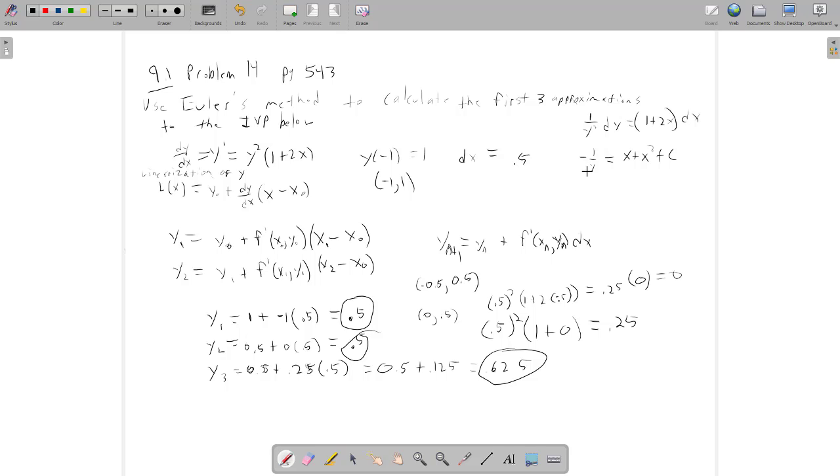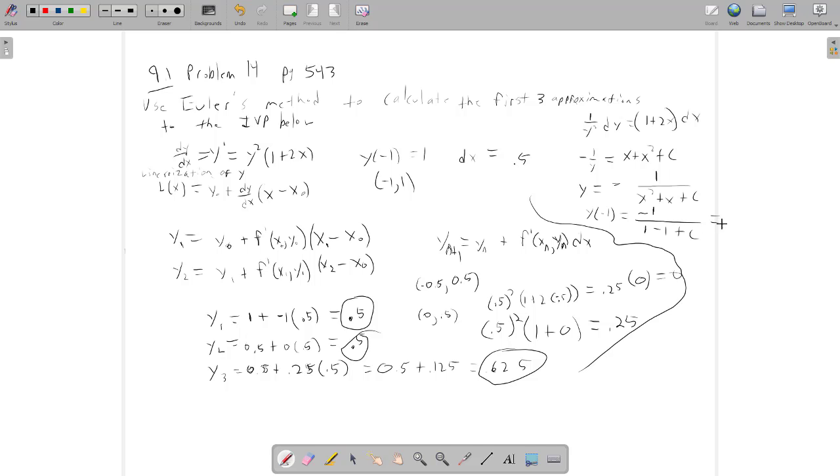So I guess solving for y then, I'd flip both sides, move a negative over, so y is negative 1 over x squared plus x plus c. And I got an exact value, so if I plug in negative 1, y of negative 1 equals negative 1 over negative 1 squared is 1 minus 1 plus c.